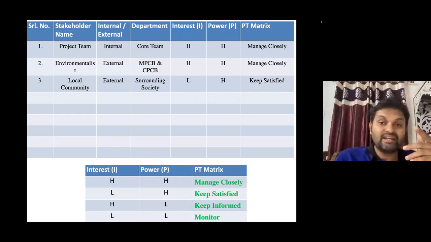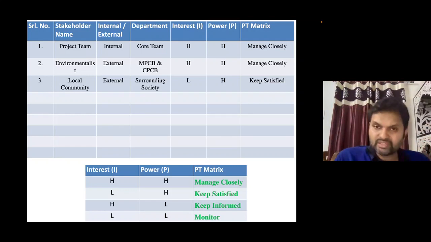These are government bodies which take care of the environmental concerns of the project. Their interest in any big project is high, and their power is very high. If they don't allow it, the project is not going to start. So power is very high, and they need to be managed closely. If they have any doubt, or raise any question or concern, we need to reply as soon as possible and sort out their issues.